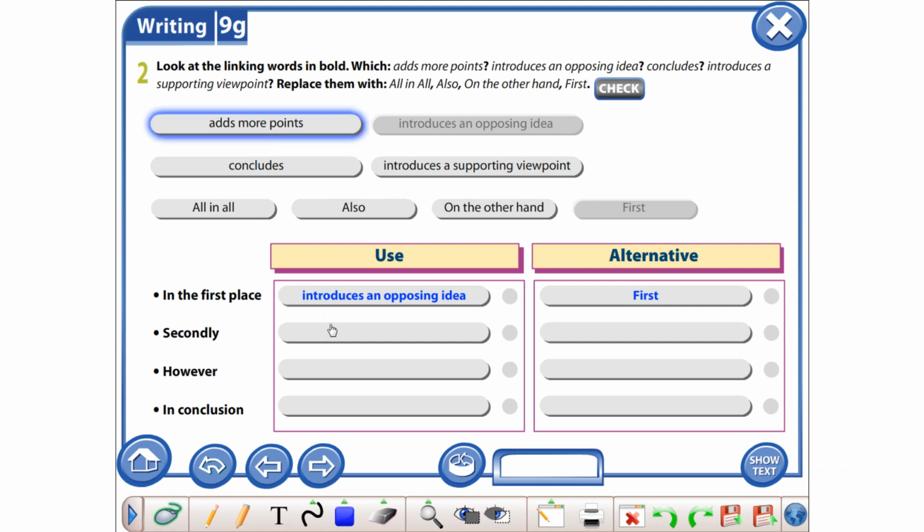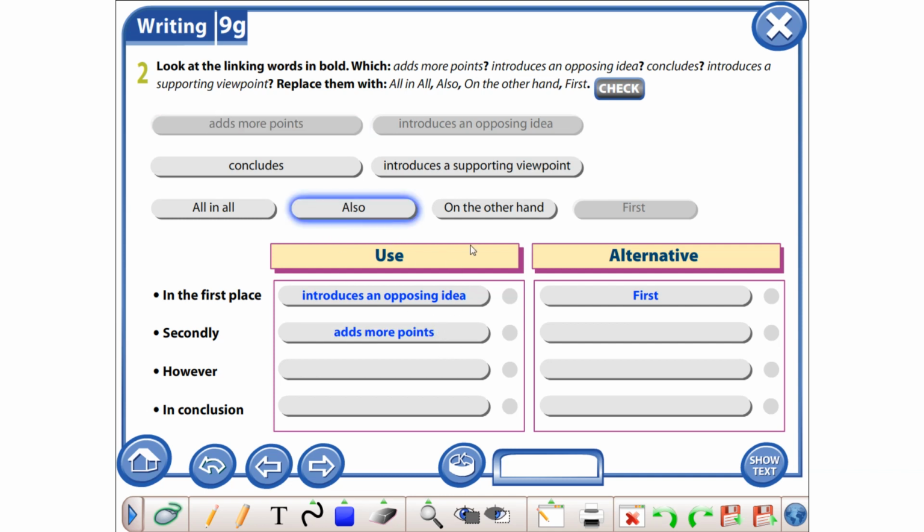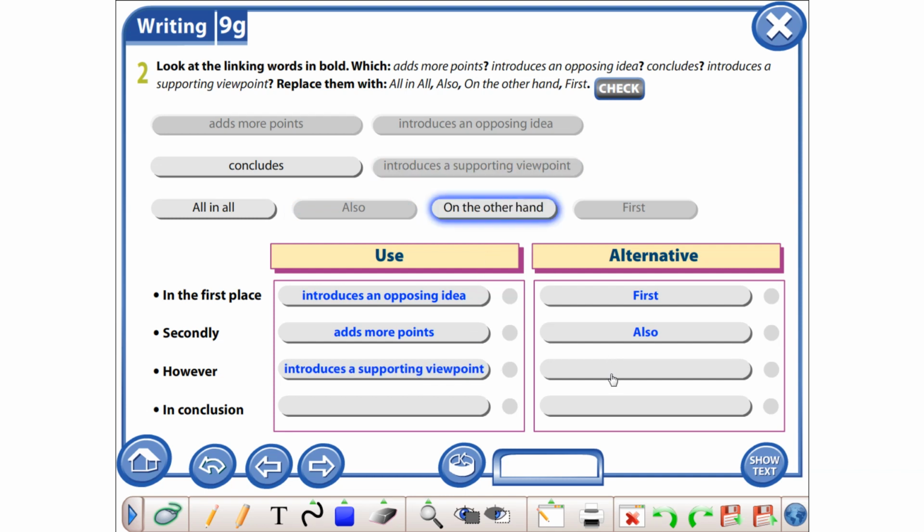Secondly, also. Introduced an opposing idea. However, and on the other hand. In conclusion, concludes, and all in all.